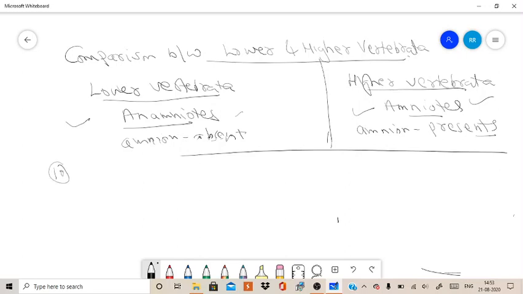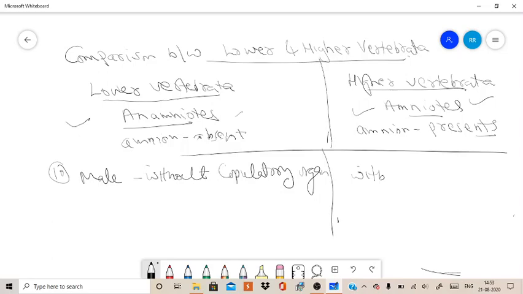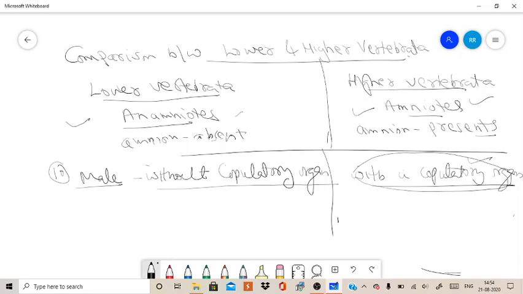Then the next point is that the male is without a copulatory organ in anamniotes, whereas the male is with a copulatory organ in amniotes. So the presence of a copulatory organ is an important sign of higher vertebrates, whereas the copulatory organ is generally absent in lower vertebrates.